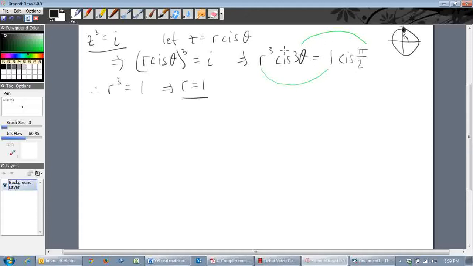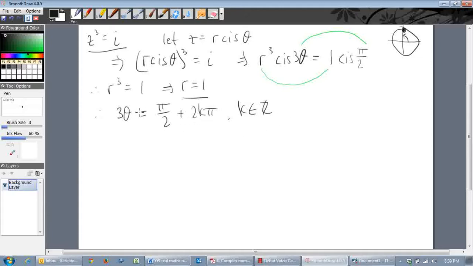Let's equate our angles here: 3 theta will be equal to pi on 2. Okay, now pi on 2 is our first argument, but really it could go around and around and around. So, and this is where you need to be careful, we need to add 2k pi. Okay, k is just an integer.